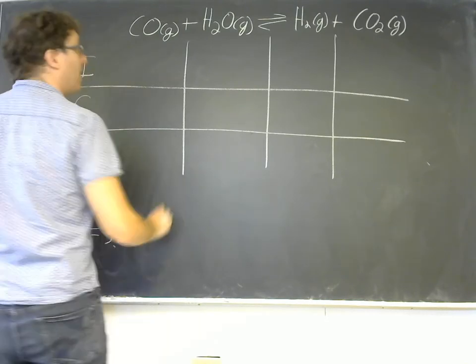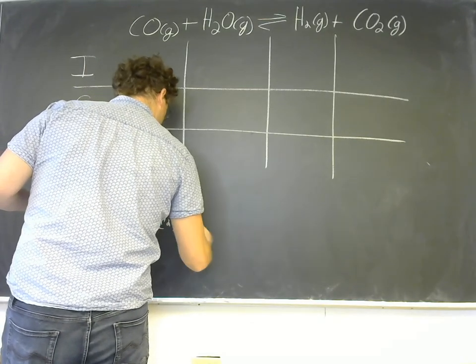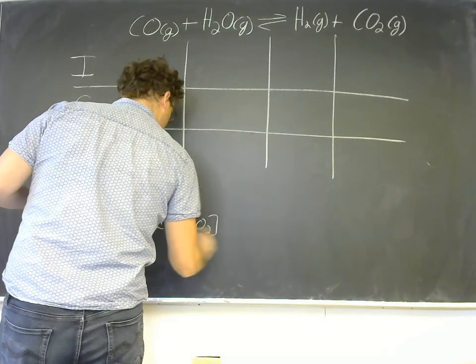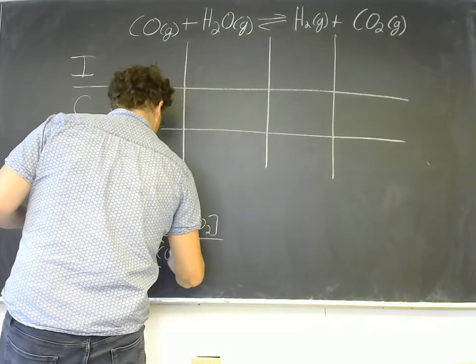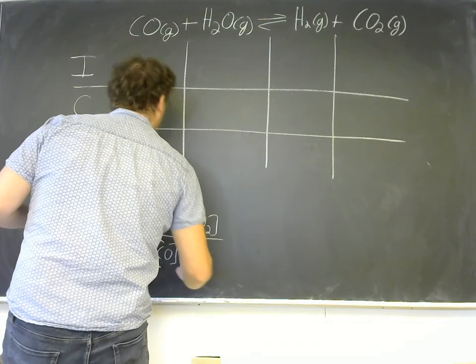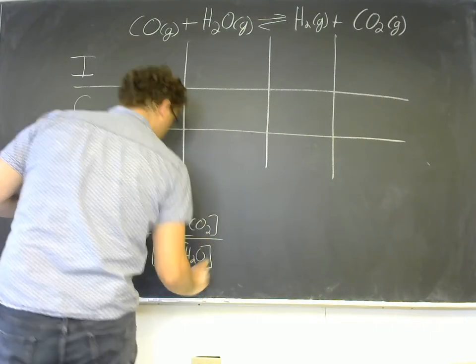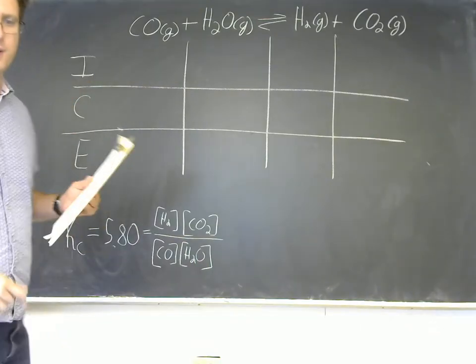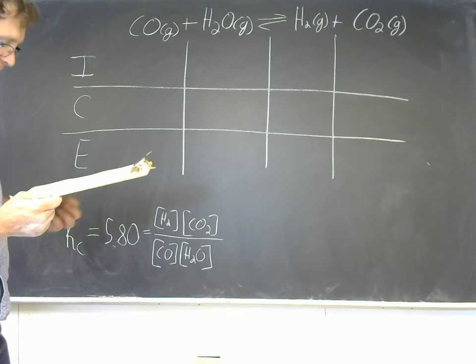And that ought to equal the concentration of hydrogen times the concentration of carbon dioxide over the concentration of carbon monoxide and the concentration of water vapor. There we go. We've got all of the skeletal structure to this problem.